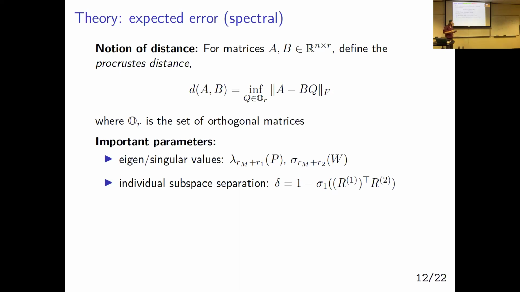Let's think about this for a second. Imagine that the individual subspaces are touching. This is the stuff that's not in the joint, right? It's individual. So if they're touching, that means there's something that's common to both the individual for the network and the individual for the covariates.